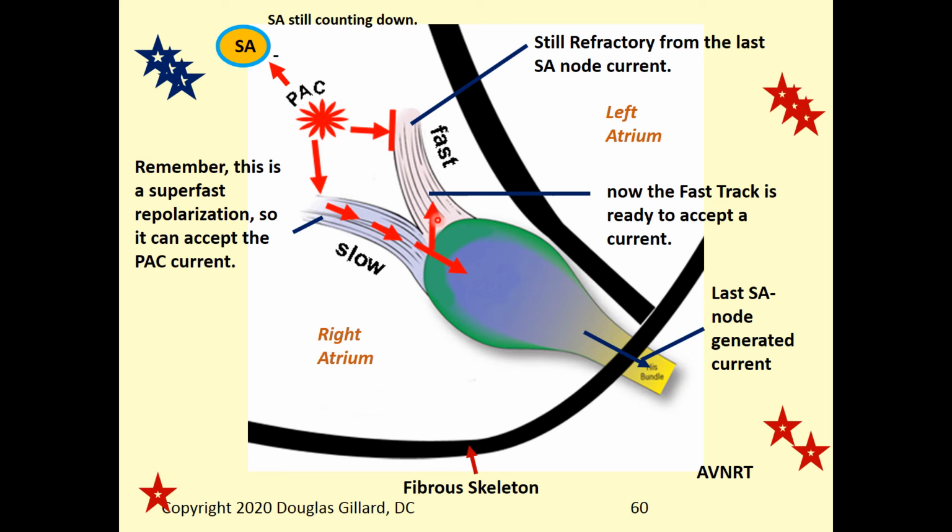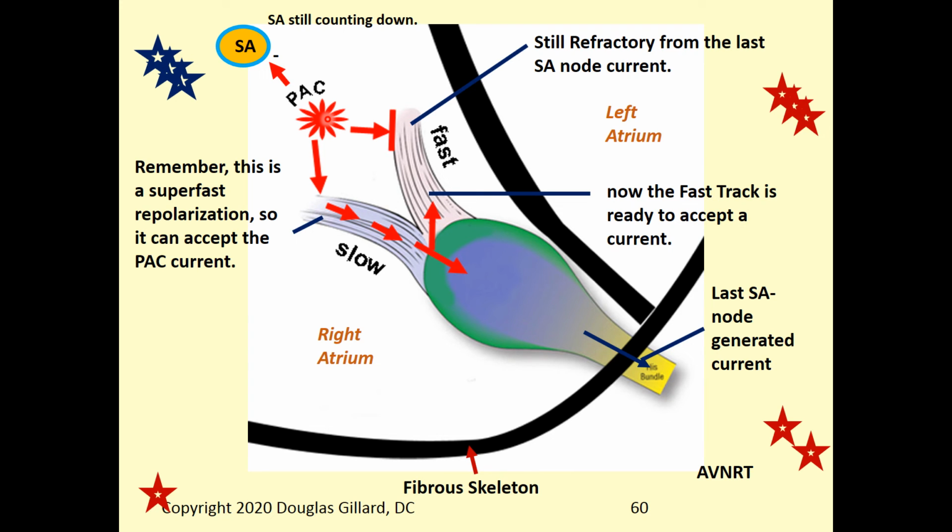The signal has just gone down both of these tracks, and it's already snuffed out like it usually does. But remember, this fast track is a slow repolarizer. So this can't accept a current right now. It's still repolarizing. This guy's ready to go.